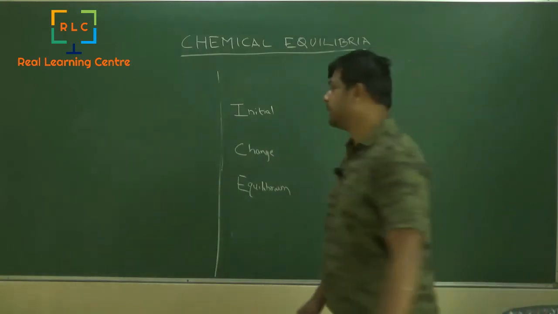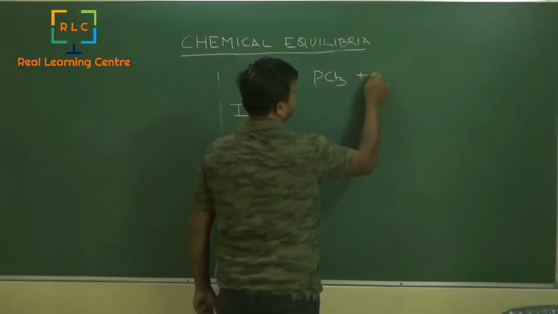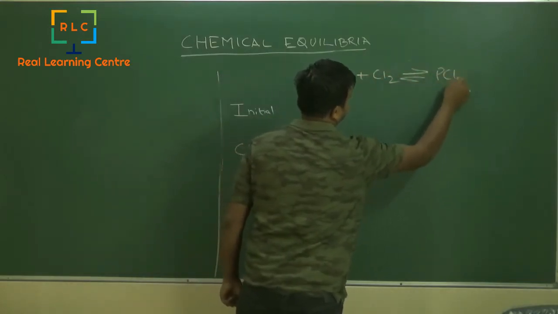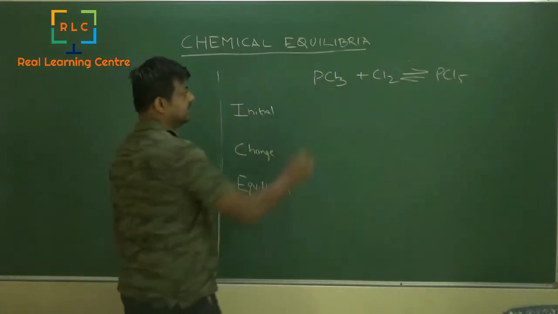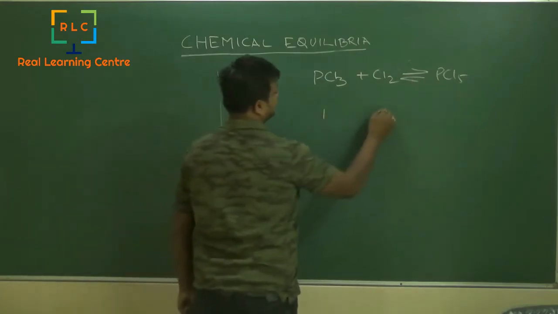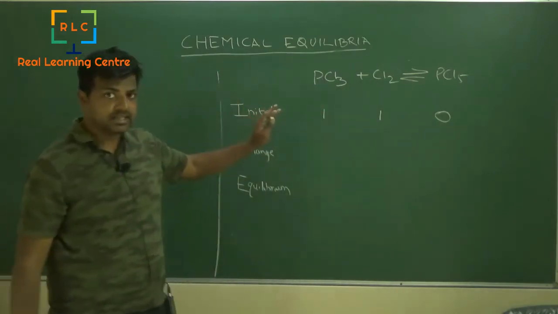So let's take our old example, which is PCl3 plus Cl2 gives me PCl5. Let's say initially the concentration of each reactant is 1 and the product was 0. So initially only PCl3 and Cl2 was there.